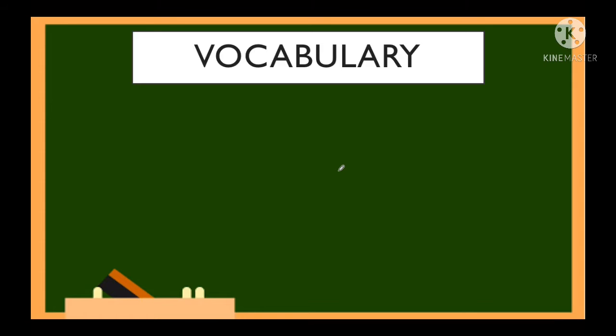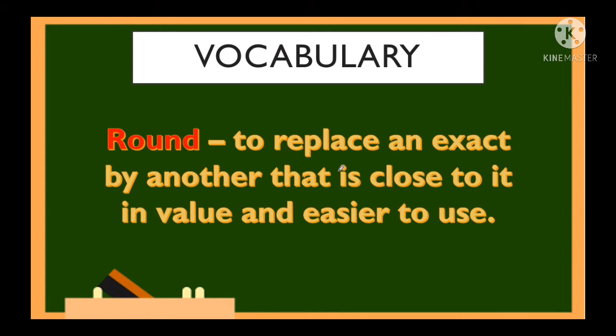We have here first a vocabulary. We have only one vocabulary for today, and that is round. When we say round in mathematics, this is to replace an exact number by another number that is close to that number in value and easier to use.